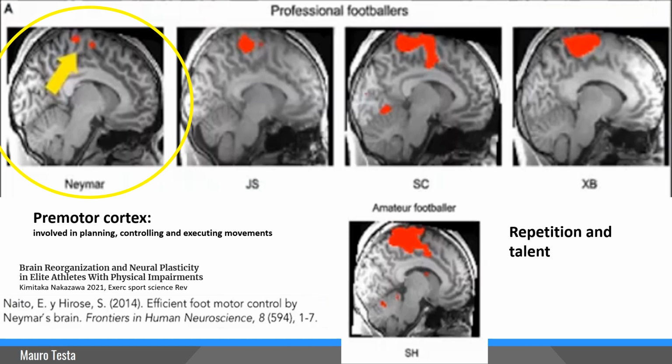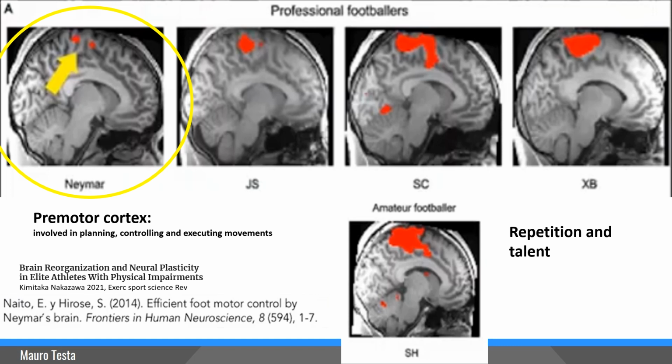More we are able to reduce with functional MRI, as was studied, the more we are able to reduce the cortex activation, and of course the more efficient we are. Of course, repetition: more talent, but repetition can reduce the area of the prefrontal cortex that we use.